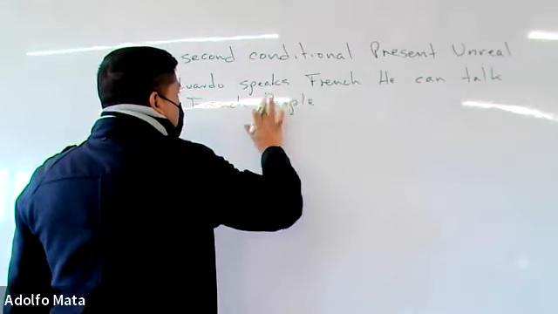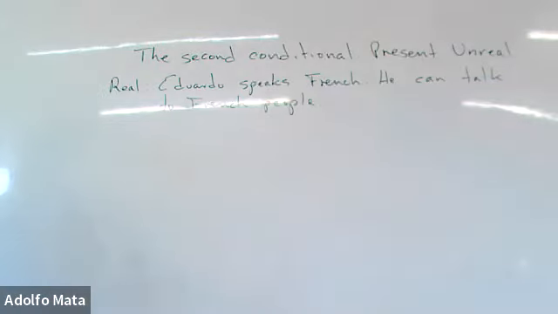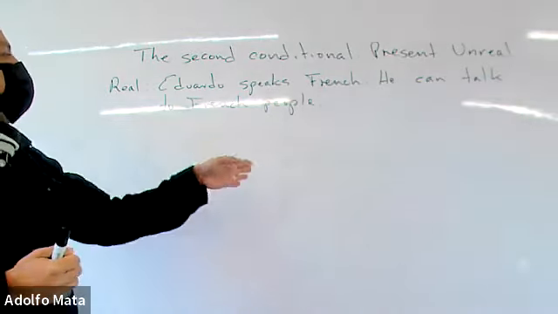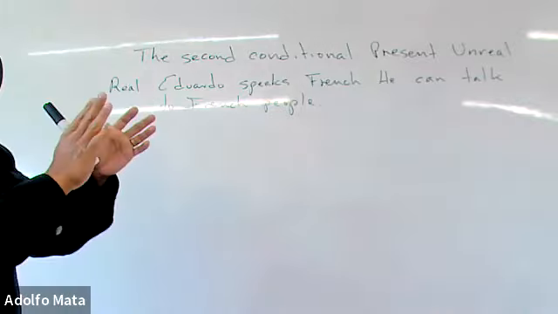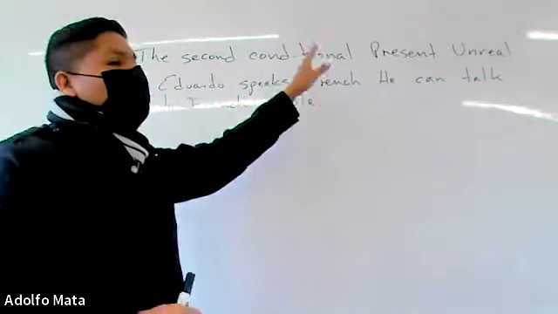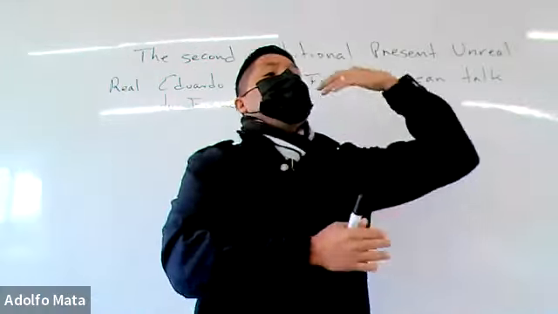Well, people is not with a capital letter, it's with a small letter. Okay, this could be the real sentence. Eduardo speaks French, he can talk to French people. That's a real sentence.